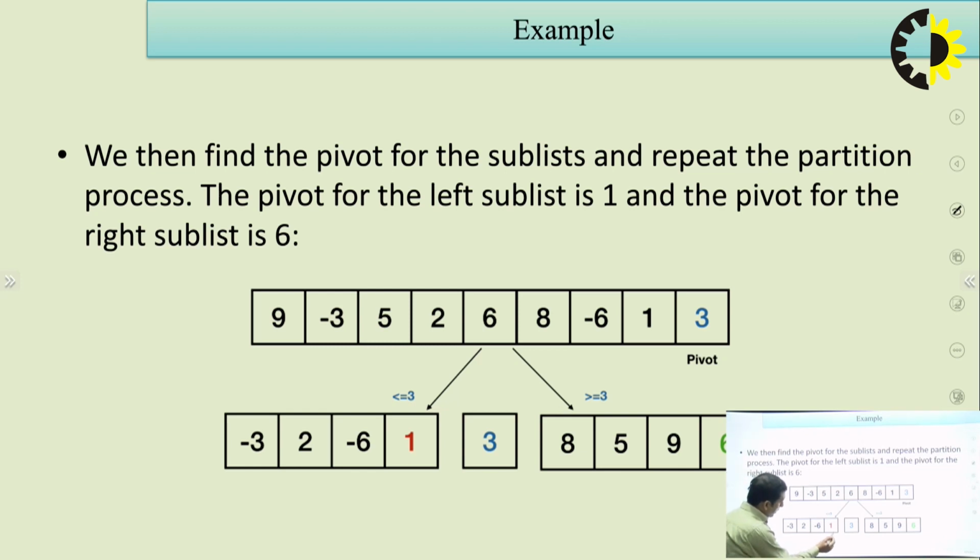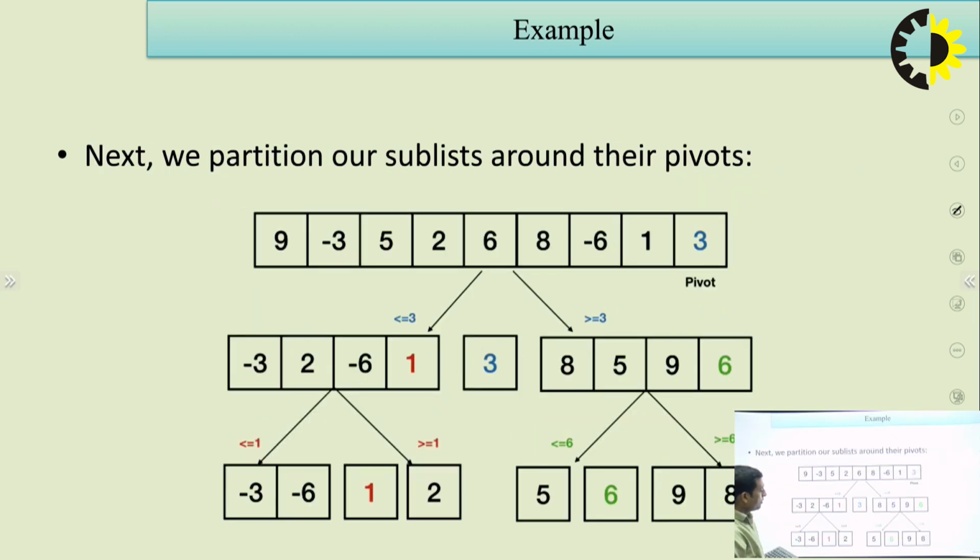Now in the first part, the left part, the same process is repeated, meaning choose the last element as pivot and position it at its proper position, so that the lesser elements than 1 come in the first part, that is -3 and -6, and the greater element in the second part, that is 2.